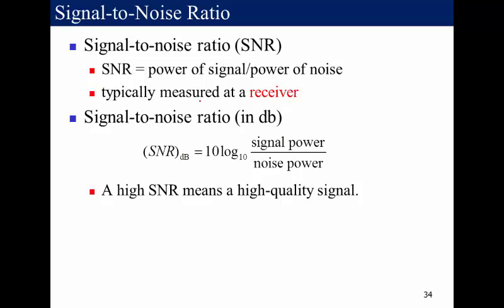It's always a ratio. The ratio is applied to log base 10, and times 10 for this signal to noise ratio. So if it is 40 decibel, then we know how much it is, right?